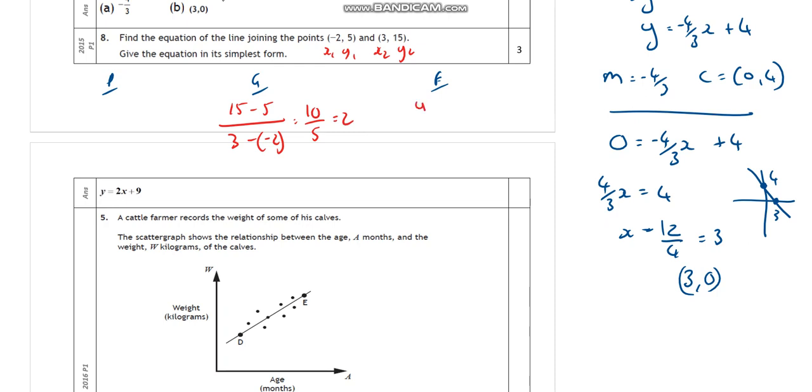And then we're going to say y is equal to mx plus c. Okay, so y, I'll take anyone, I'll take that first point. Gradient's 2, and x is negative 2 plus c. So 5 is equal to negative 4 plus c. C is equal to 9. My final answer is y is equal to 2x plus 9. That's a skill you really want to know. And don't mess up your negatives, just take your time with that one.